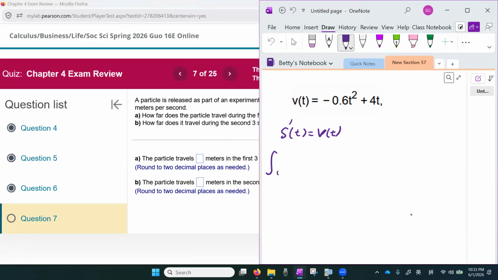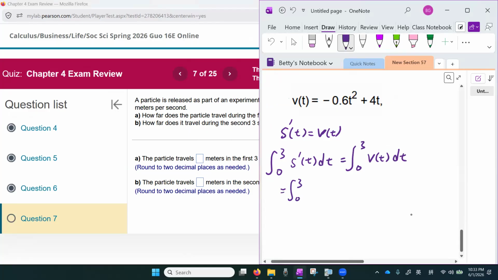First 3 seconds, 0 to 3, S prime t dt. And that is 0 to 3, v of t dt, because S prime is v. And we put the velocity function here, which is negative 0.6 t squared plus 4 dt.